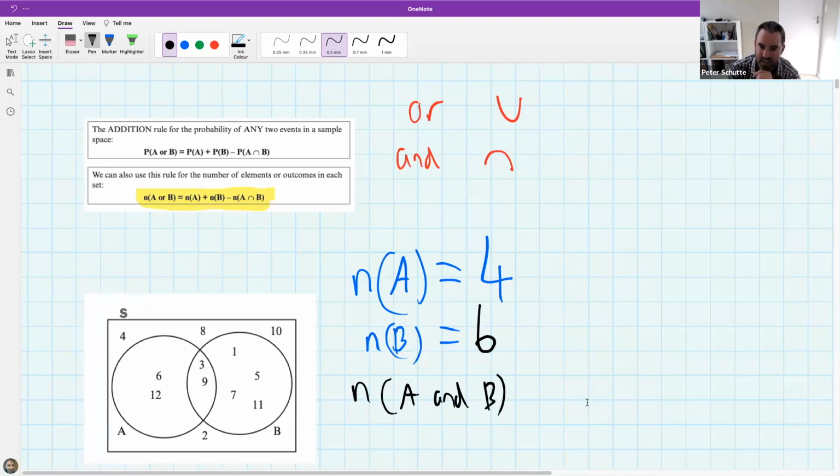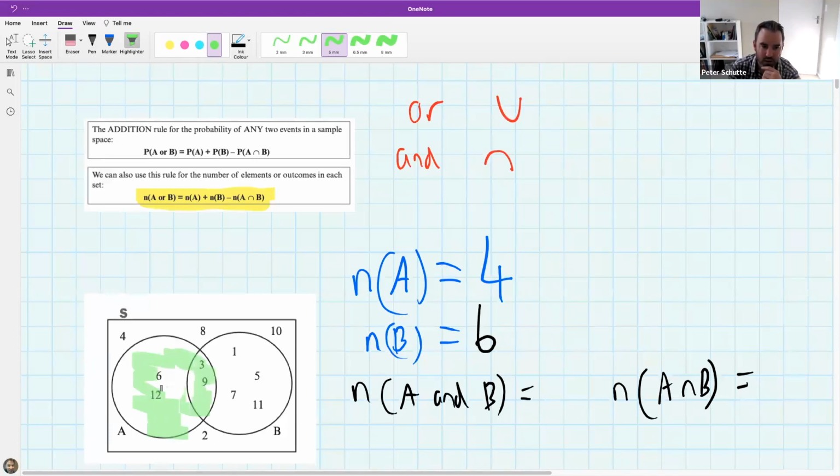Now, what if I said to you, how many items are in A and B? Another way of saying this is using the smile notation. Remember, and means you must be in A and you must be in B. Each of these circles represents the event. That's the event A, that's the event B. If you're in A, it would be all of these ones.